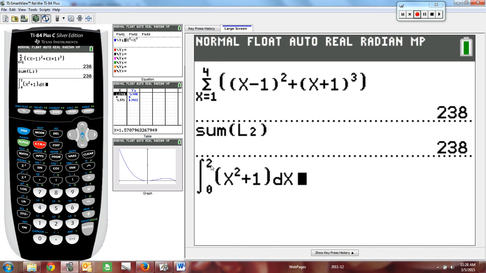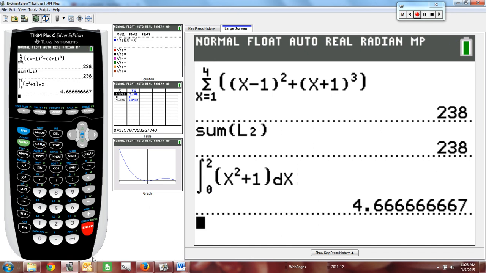We're actually finding an area, and if I were to hit enter, I would get the same answer, the fraction that we came up with earlier. So integrals and this area problem are directly related to each other. Yes, this will have something to do with those antiderivatives we were doing in 5.1, which will come in a later section. So now I'll stop and we'll pick up and talk more about this definite integral next.